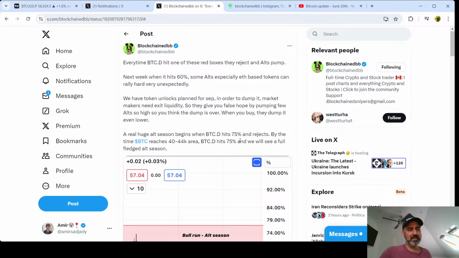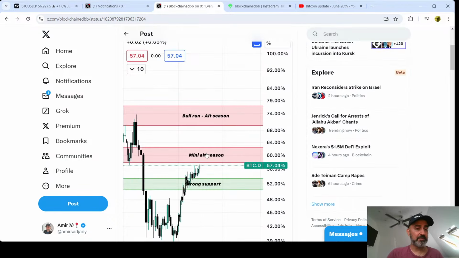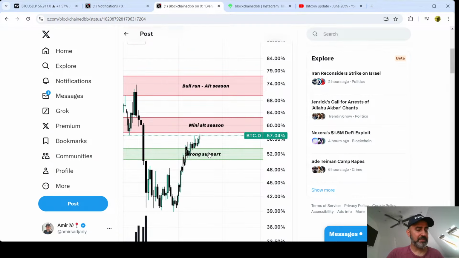Okay, by the time BTC reaches 40 to 44k, BTCD hits 75%, and then we'll see a fully fledged alt season. So she's obviously got this kind of idea mapped in her mind. Why not? This is very possible, what she's suggesting. I have also been talking about alt season happening when BTCD hits higher time frame resistance, which we're about to hit now.